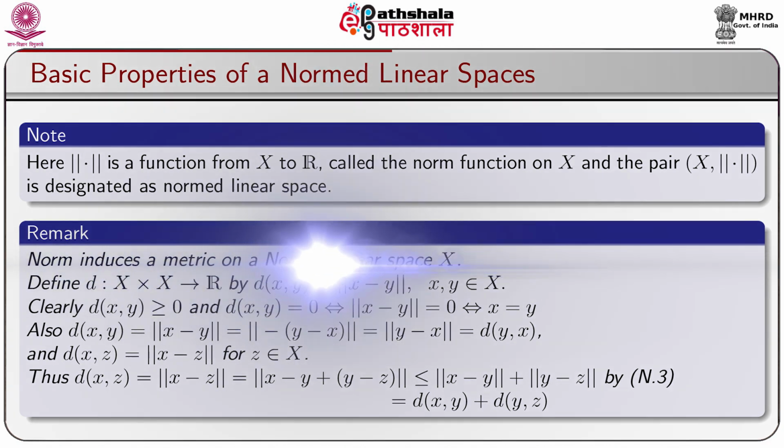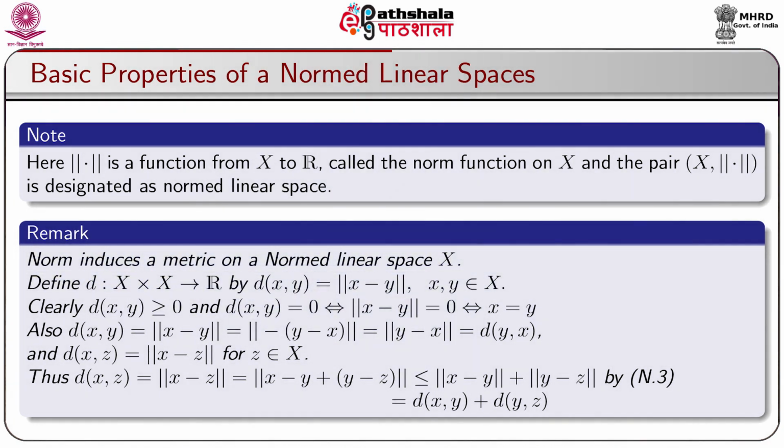Now, a norm induces a metric on a normed linear space. Define d from X cross X to R by d of x, y is equal to the norm of x minus y, where x, y belong to X. Clearly, d(x,y) is greater than or equal to 0, and d(x,y) equals 0 if and only if the norm of x minus y is equal to 0, if and only if x is equal to y.